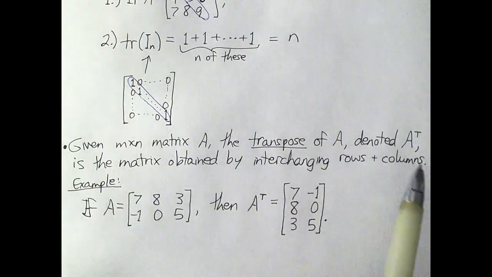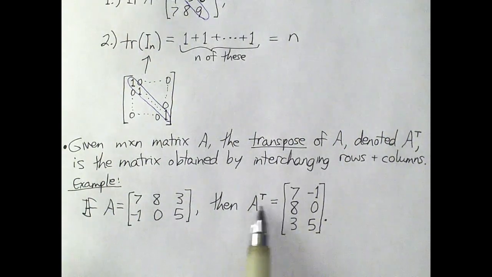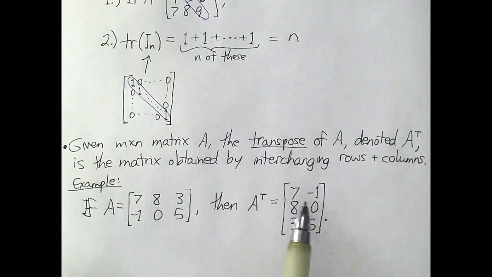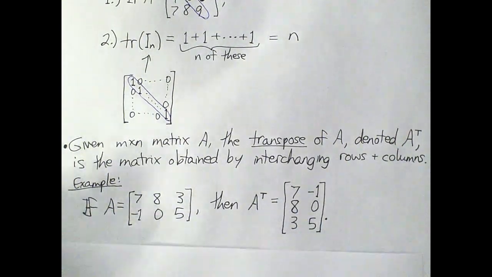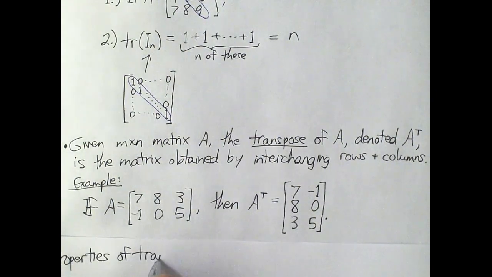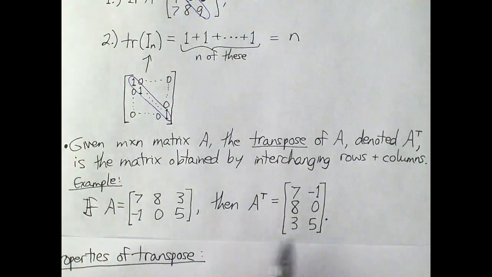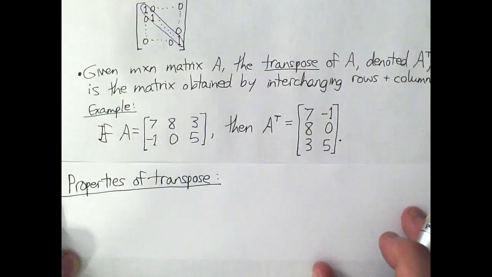Interchange rows and columns. So you start with A, you interchange rows and columns. You get A transpose. What if I did transpose again? I would interchange rows and columns again. Here, let's write some of this down. This is going to be a property. So properties.